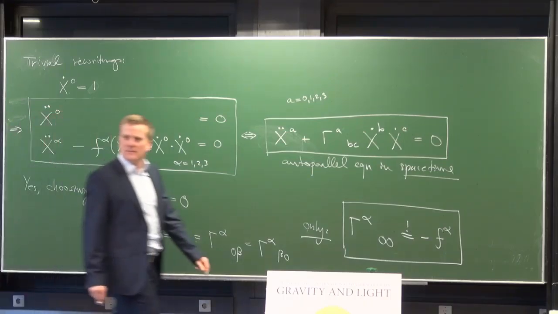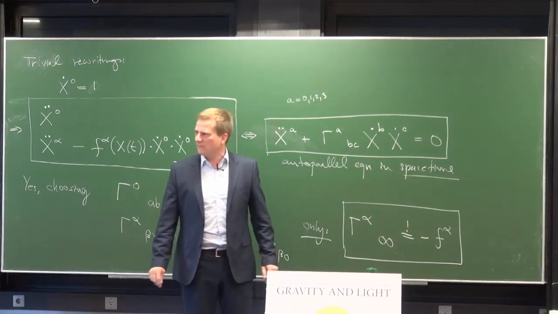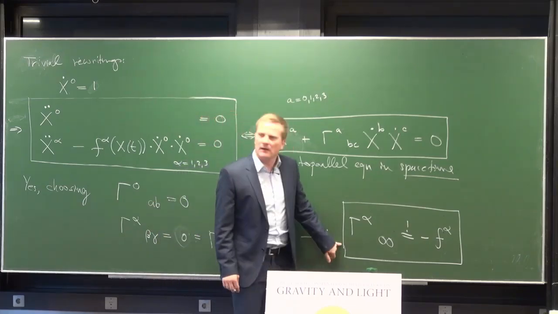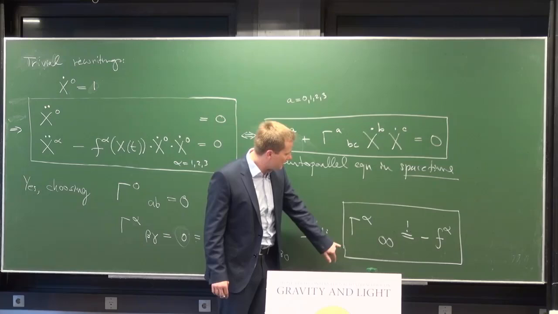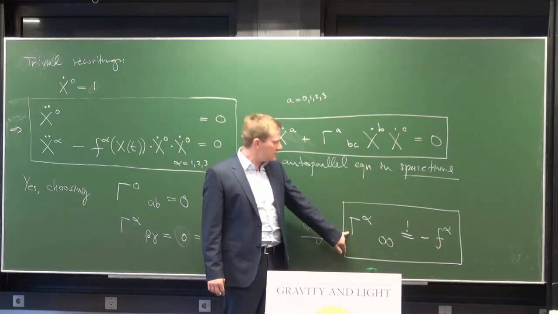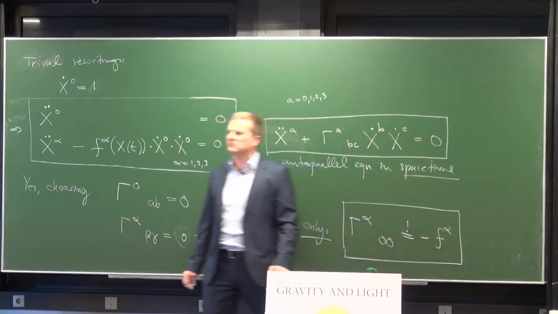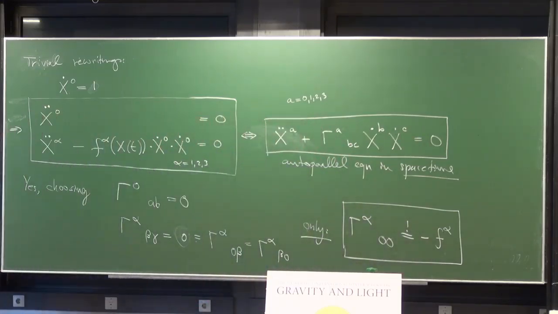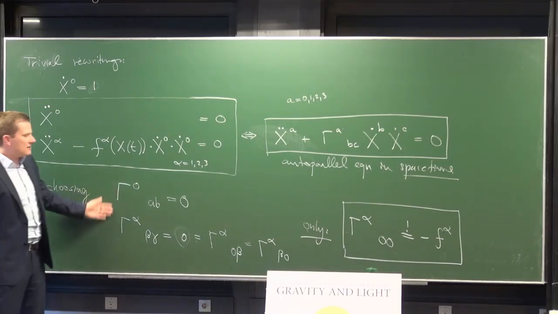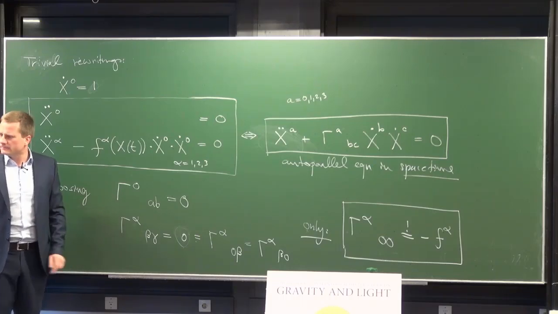It doesn't matter. We play the game for a time being until we made our point, and then we'll make it more clear. In that chart, you can choose gammas to be given by minus the gravitational force divided by the mass it acts on, so this little f, and the others you choose all 0.